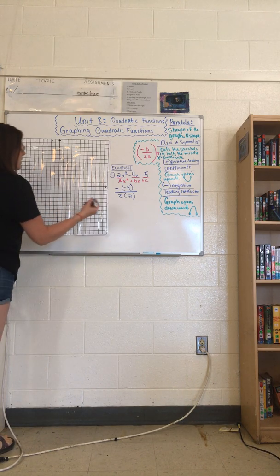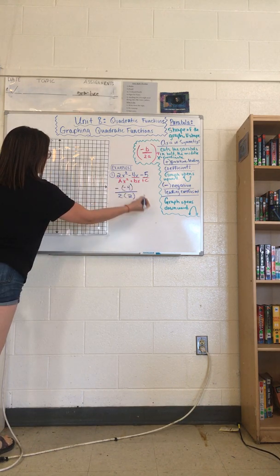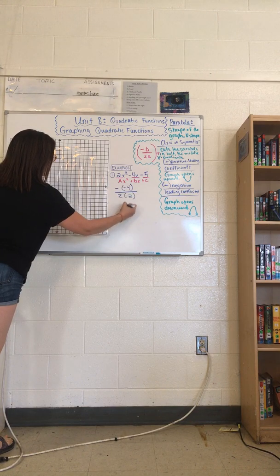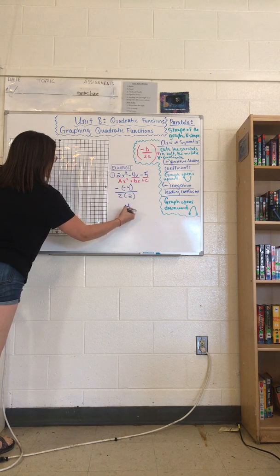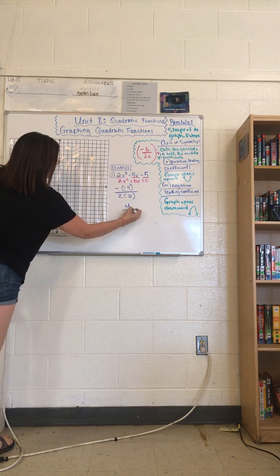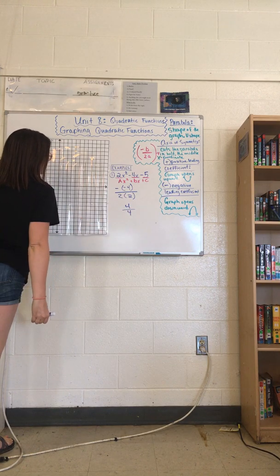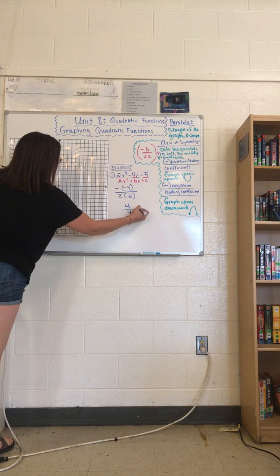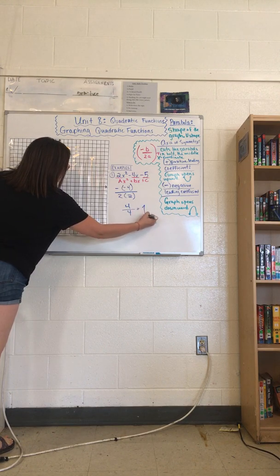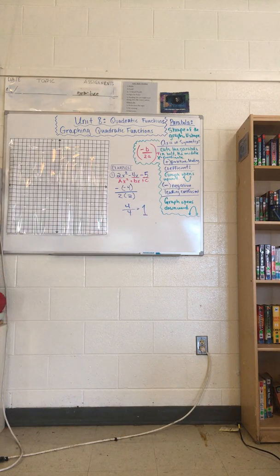So I end up with negative 4 being positive 4, and then 2 times 2 is 4, okay? So my axis of symmetry is 1. That is the x value that I will need.